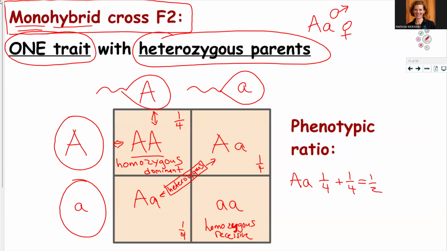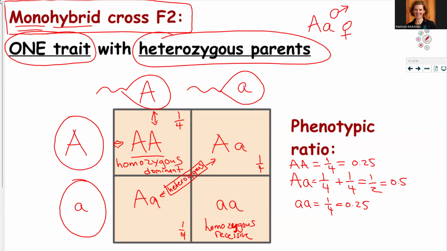We already said the homozygous dominant was 1/4. And then we have the homozygous recessive, which is 1/4. So that would be 0.25, 0.5, 0.25.